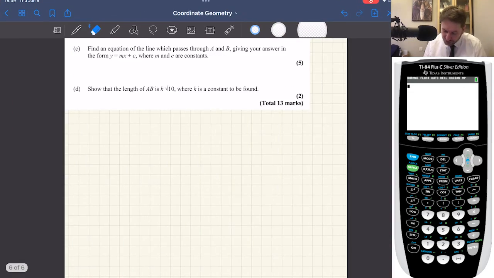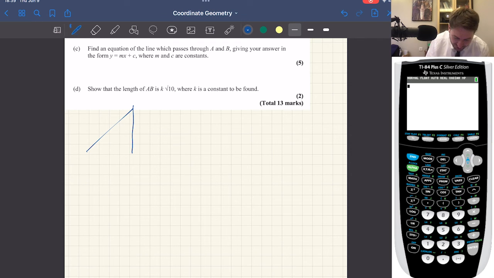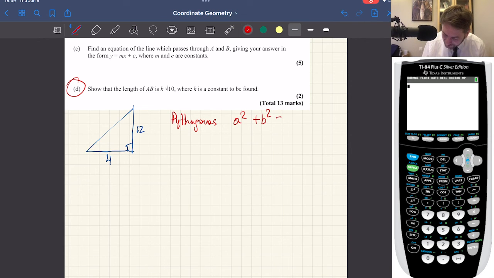So we know this triangle that we created, a right angle triangle, that was 12, that was 4. So we're going to apply Pythagoras: a squared plus b squared equals c squared. The two short sides squared equals the other one squared.